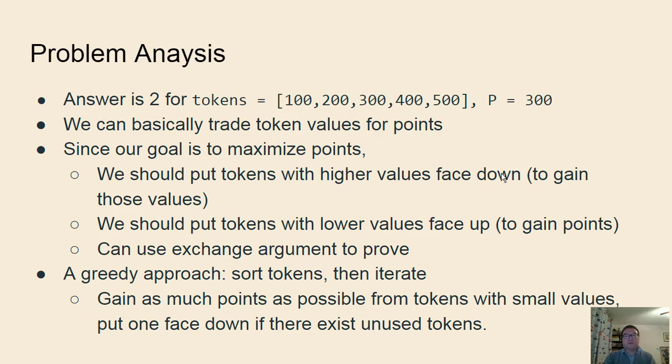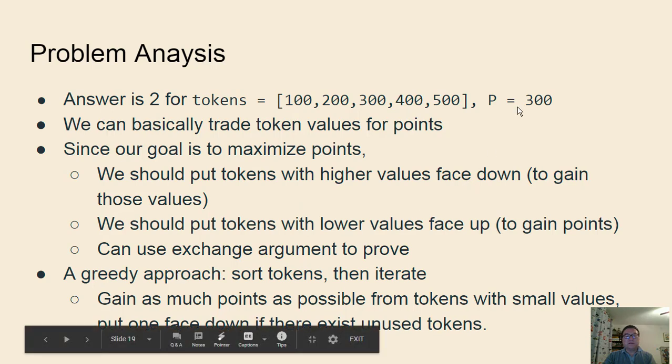And we should play the tokens with lower value face up, because we gain 1 point from each token, so we might as well spend as little power as possible. We can use an exchange argument to prove that these are correct. When we play things face up, we should play the one with the lowest value. When we play things face down, we should play the one with the highest value. These suggest the greedy approach.